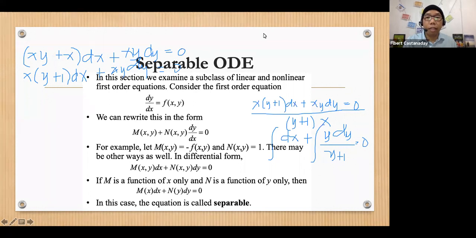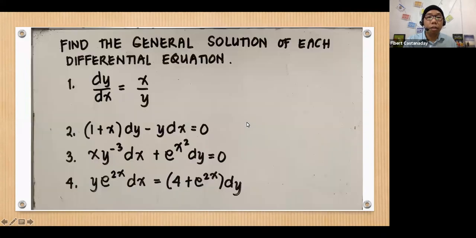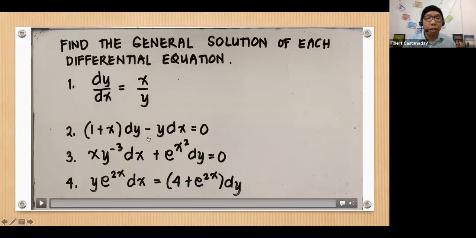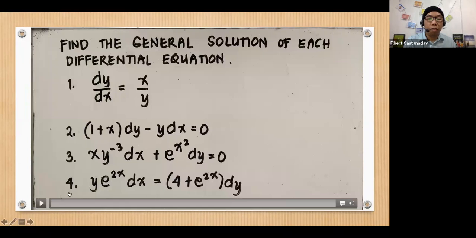Okay, so let's clear this. Let's proceed to our first example. I have actually here 4 problems, so we will solve these 4 problems. Find the general solution of each of the differential equations. Here we have dy over dx equal to x over y.